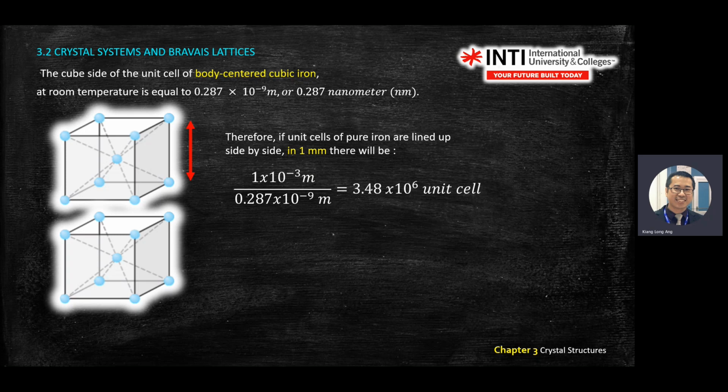When you take 1 mm divided by 0.28 nanometer, along one side alone you will have 3.4 million unit cells.